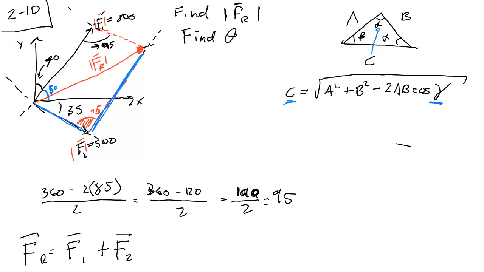All right, so that kind of comes to the final part now. Again, we're trying to solve this red side. I'm going to use the law of cosines, just plugging in the numbers. So it's going to be equal to the square root of 500 squared plus 800 squared minus 2 times 500 times 800 times cosine of 95.